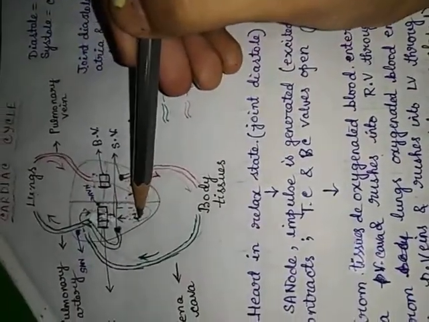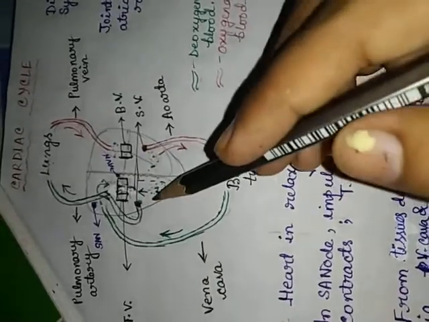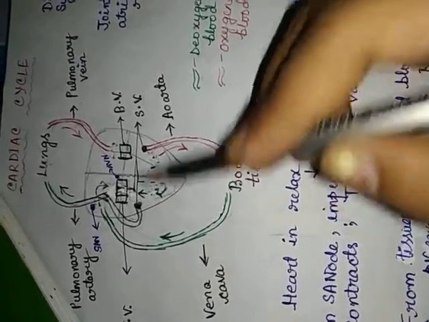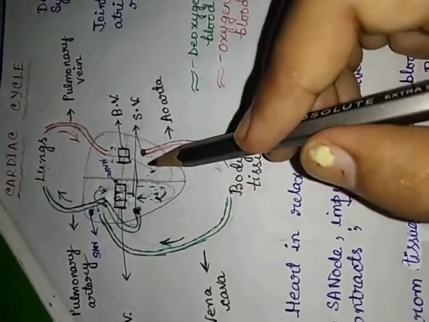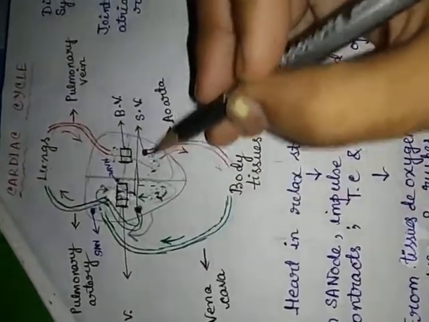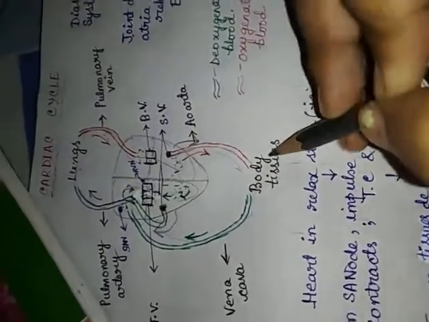During the systole of the ventricle, when the ventricles contract, the blood from both ventricles goes to their respective paths through these valves, because now both these valves are open.